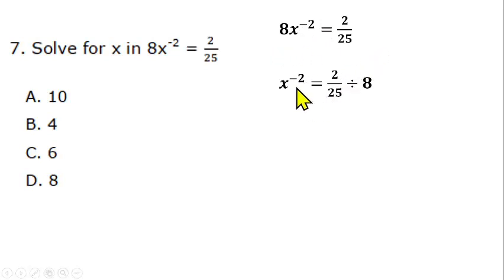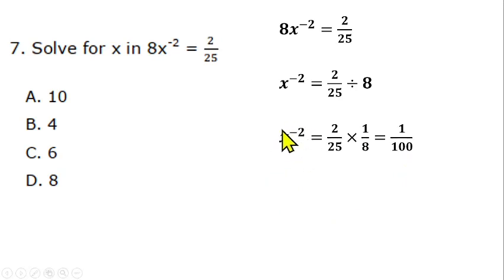So you have x raised to power minus 2 equals 2 over 25 divided by 8. Then from there you can change this division to times, so we have x raised to power minus 2 equals 2 over 25 times 1 over 8. So 2 can go into 8, that gives us 4. 4 times 25 gives us 100. So we have 1 over 100.